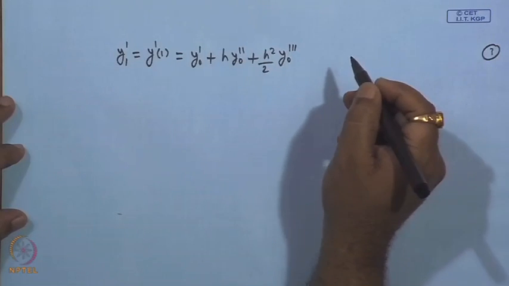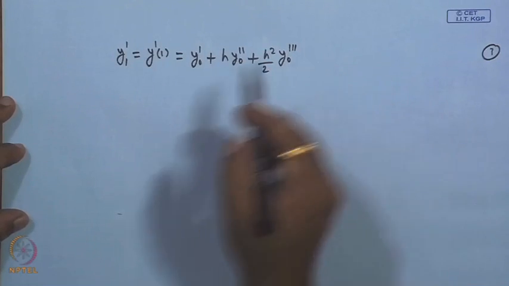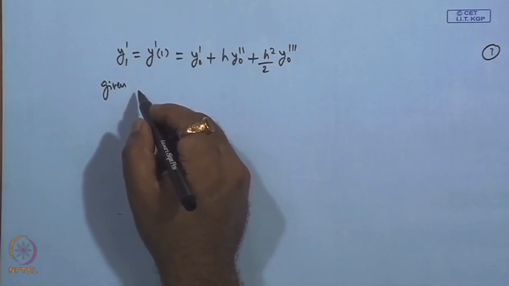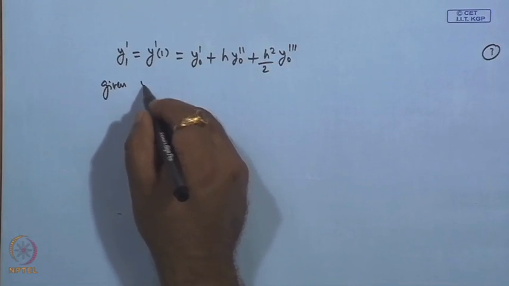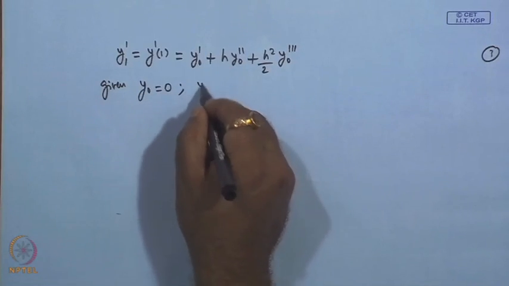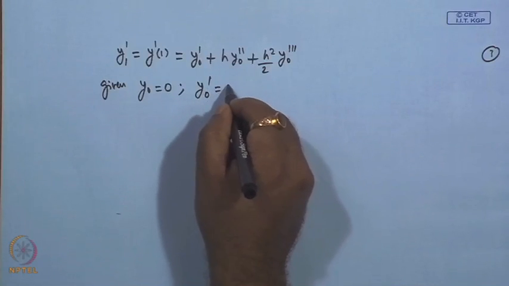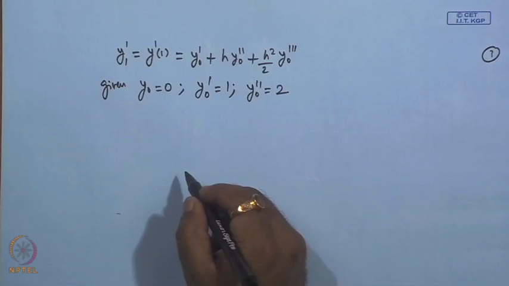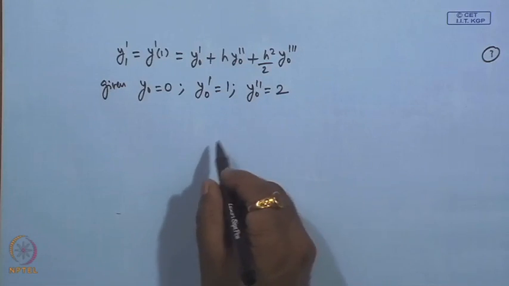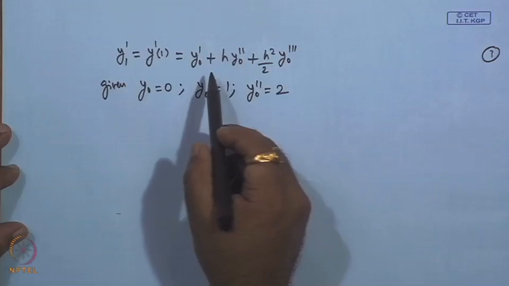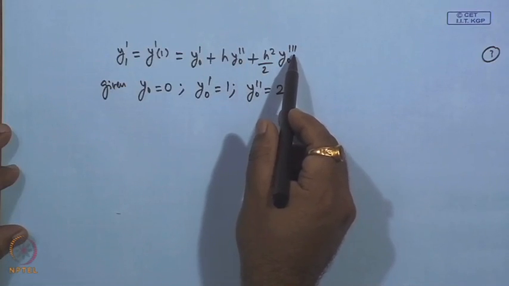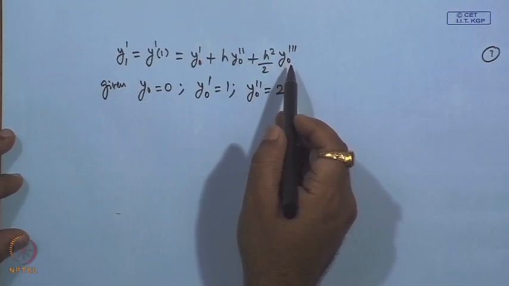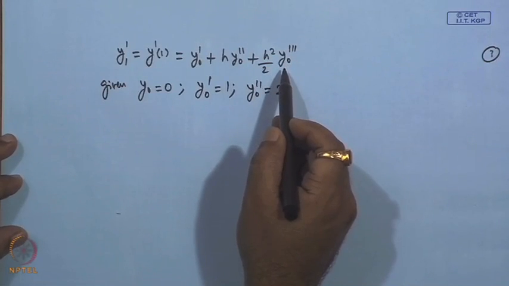This is our expression, but what is the given data? In order to compute y 1 prime we need y 0 triple prime, which we do not have, but we know that y is a solution of the given ODE.